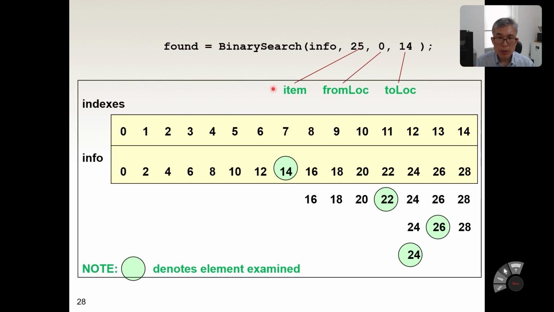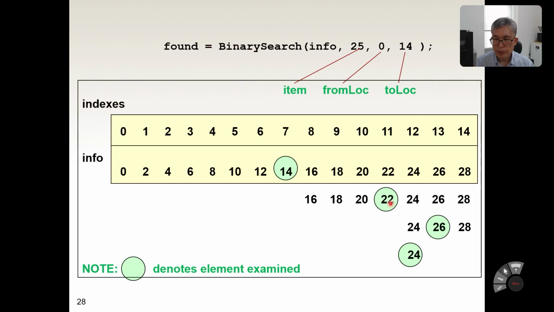So binary search info array, and this is the item to be searched, 25, and 0 is the from location, 14 is the end location, right? So the index is 0 to 14. So we can check the middle value, and this one is greater, right? So we can check the second half rather than the first half.